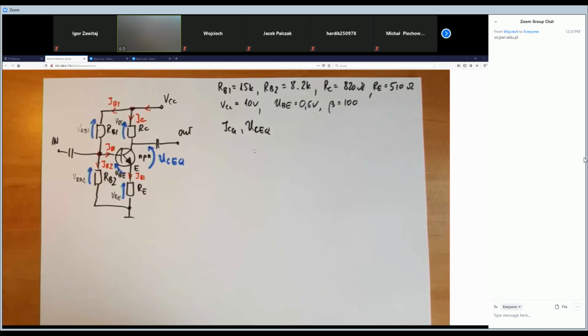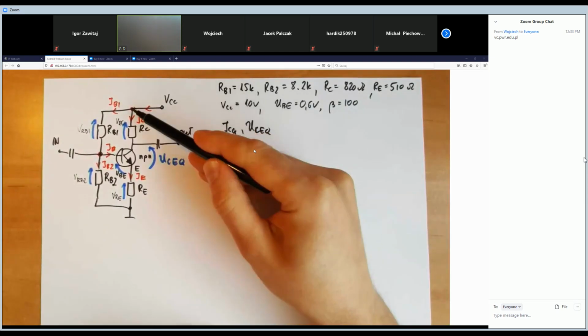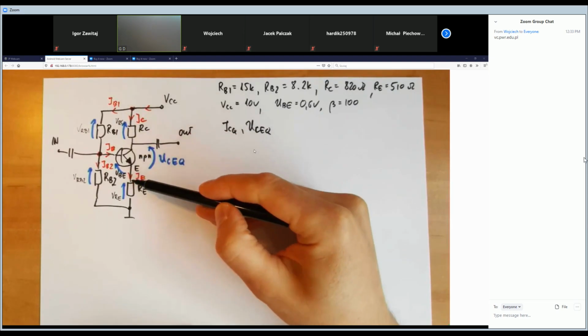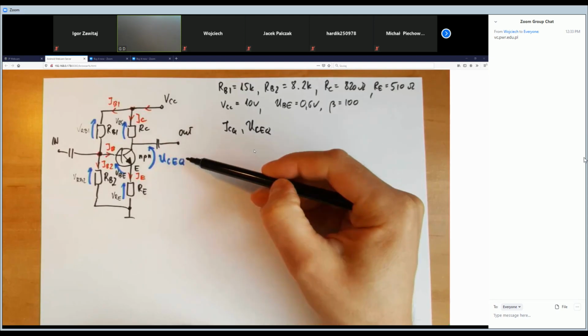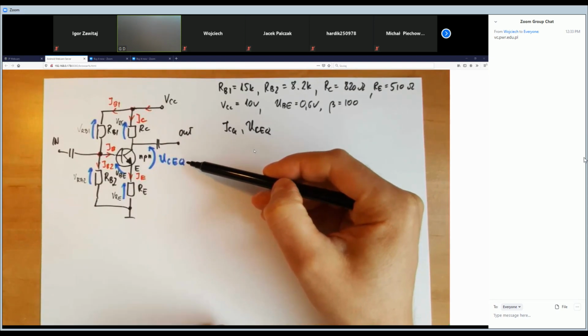So typically, how can we solve this circuit? We will have to build the equations for this branch, and then we will take into account the UCQ value because we have to find it.